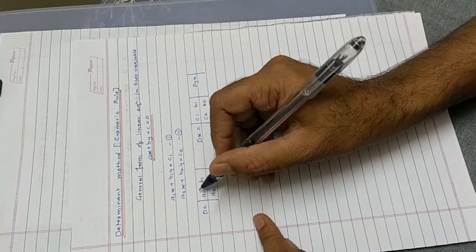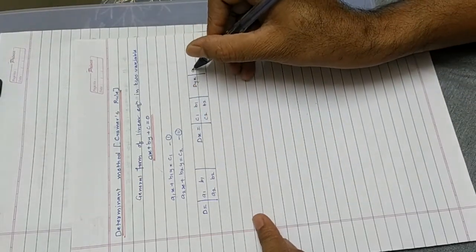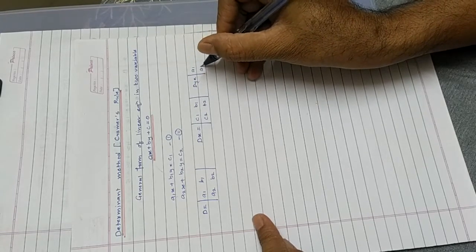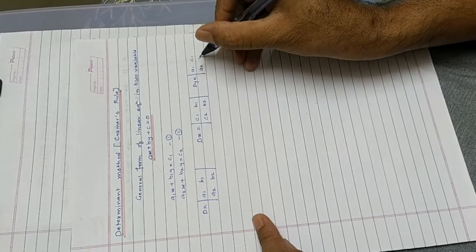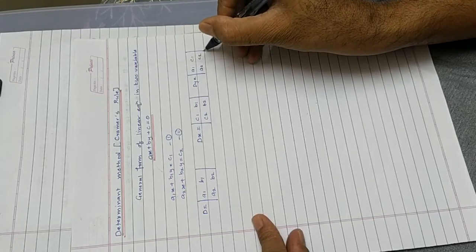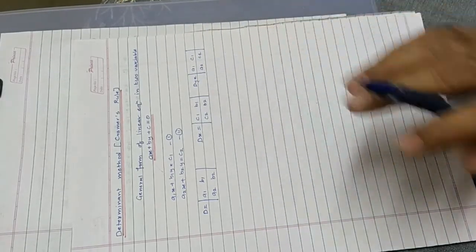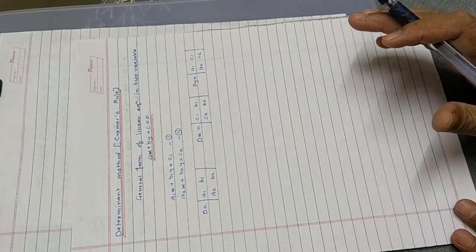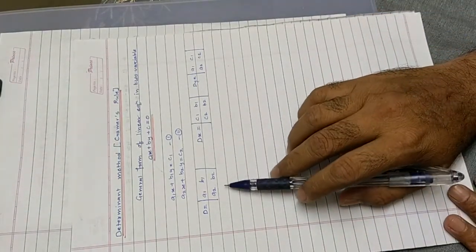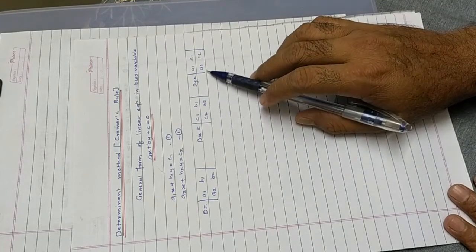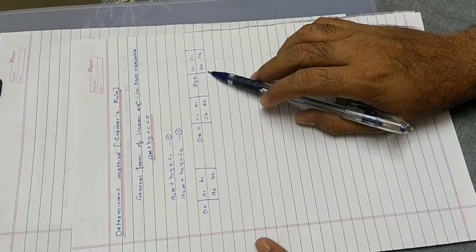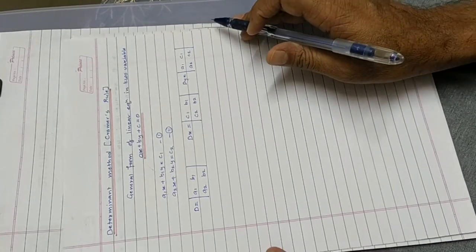And the a1 a2 as it is. So here it is a1 a2 and c1 c2. I hope it is clear to you all. If you are very much clear with this, then Cramer's rule is very easy. So first thing, you must be able to form the determinants. After forming the determinants, the rest of the work is very easy.